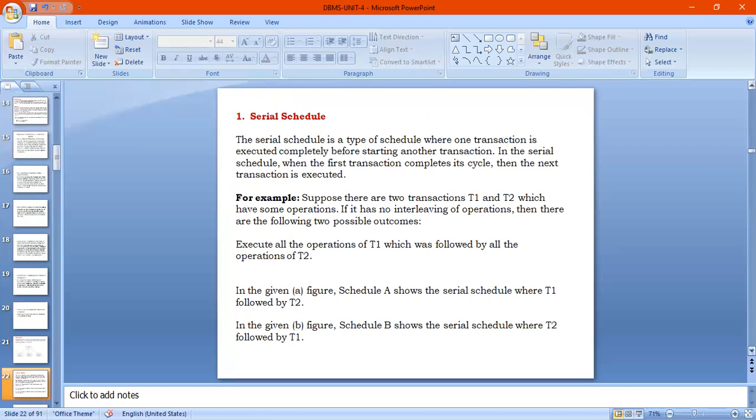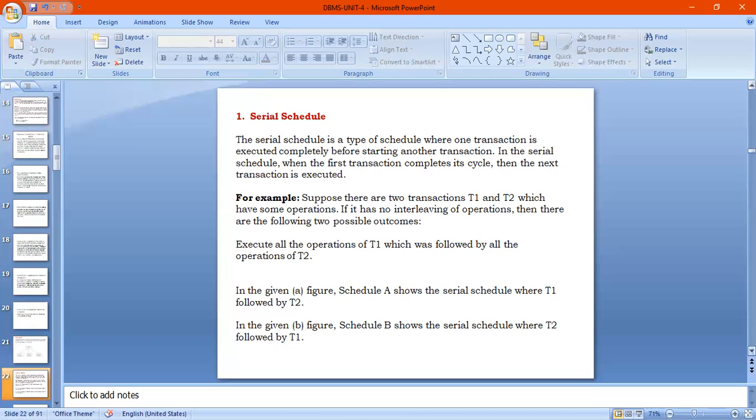In the serial schedule, when the first transaction completes its cycle, then the next transaction is executed. For example, suppose there are two transactions T1 and T2 which have some operations. If there is no interleaving of operations, then there are two possible outcomes. Execute all the operations of T1, followed by all the operations of T2.